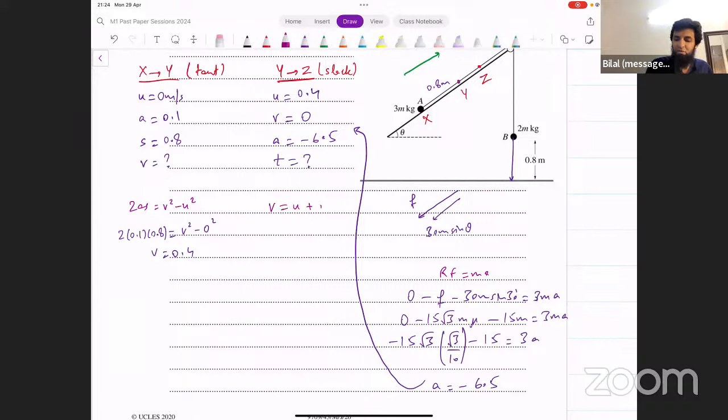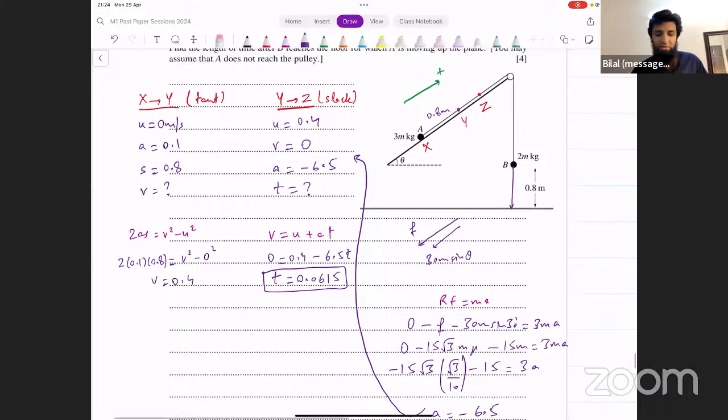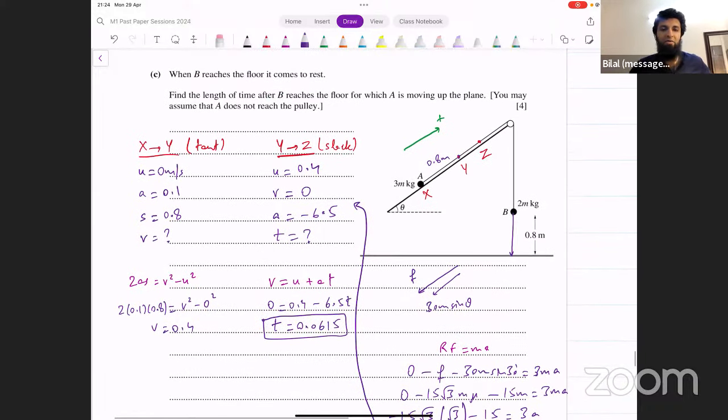V equals u plus at, and that is what is going to give us the value of time. 0 equals 0.4 minus 6.5 times t, and the value of t turns out to be 0.4 over 6.5, which is 0.06154, or you can say 0.0615. And that's the value of t that we get here. That's our final answer. That's the time taken to go from Y to Z here.